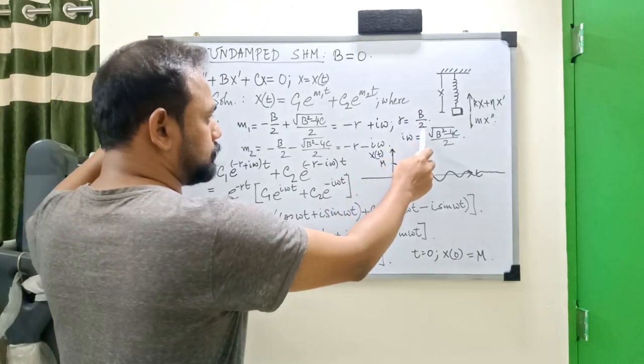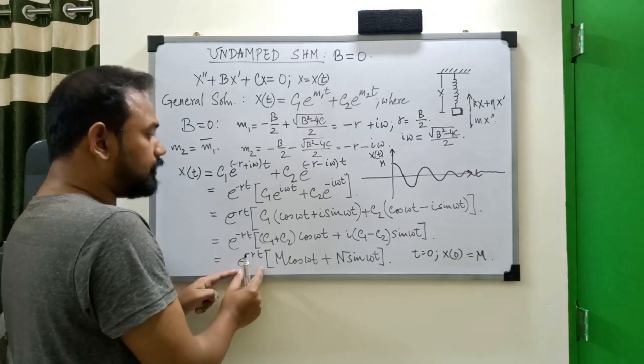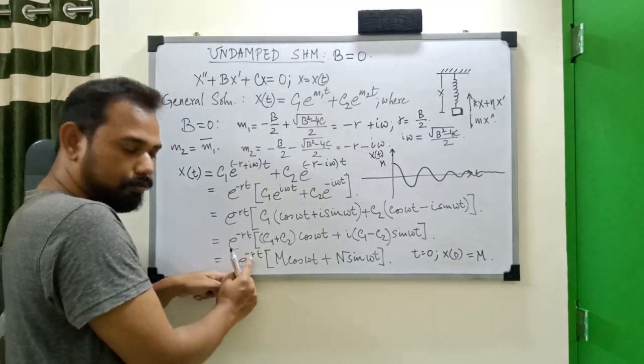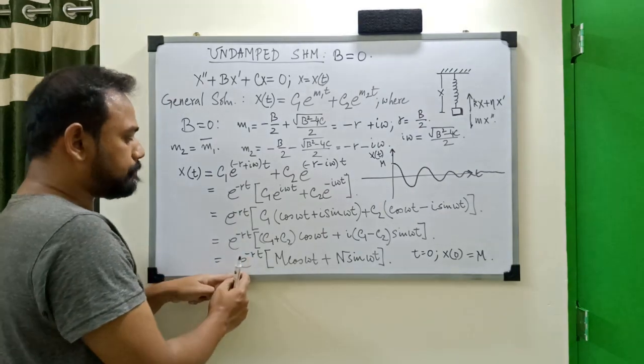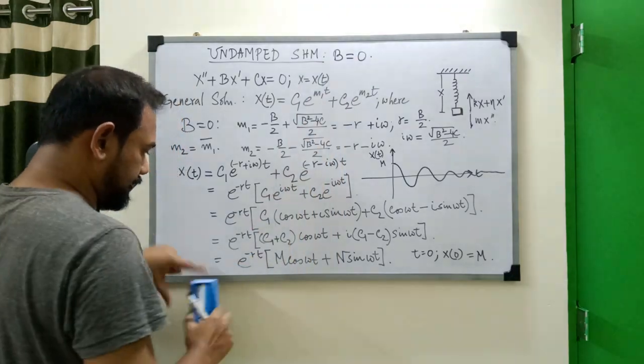Because R is B by 2. So in the final solution, the term that depends on R will become 0. So e to the power 0t is just e to the power 0, which is 1.